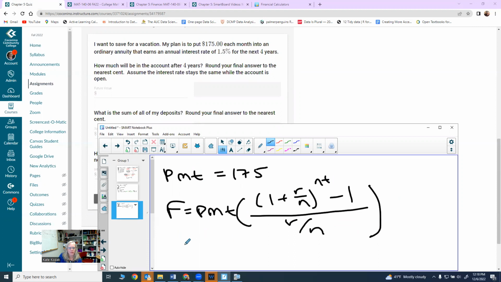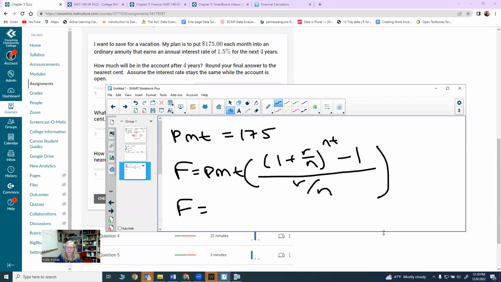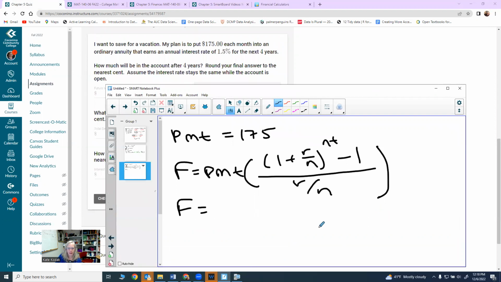So I know my payment already. I need to figure out the other pieces. I need my F, let me make this a bit bigger, I need my R, and I need my N, and I need my T. And my R is, I have a 1.5%, so 0.015.